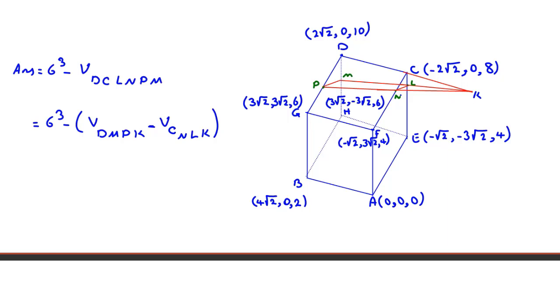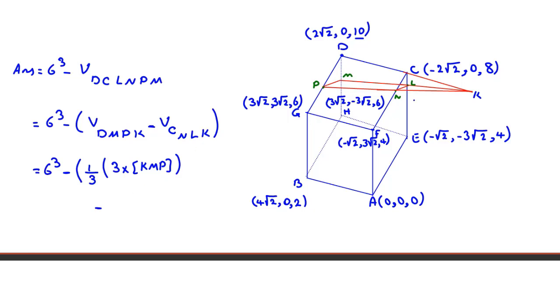Now, how can we find the height? Because MP, all these things, their z is 7. The problem says the height of water is 7. So the first one is 6 cubed minus: this is 10, 10 minus 7 is 3. And at first you should say 1 over 3 because it is a point connected to all other points. 1 over 3 times the height, which is 3, times the area of KMP.